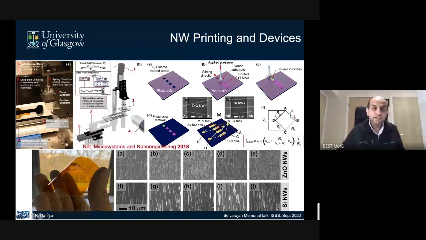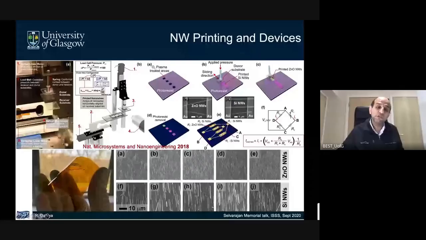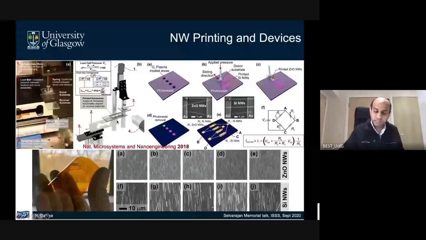There's a load cell. This is the scheme shown here. This is the spring, and the donor substrate is attached to the spring. This is to avoid any jerky movements. And then there's a load cell which measures the pressure between donor and receiver substrate. That's the receiver substrate, with patterns showing the sticky and non-sticky areas. You bring them together, and at a certain force, which is the optimum pressure between them, you slide it and you transfer the wires.